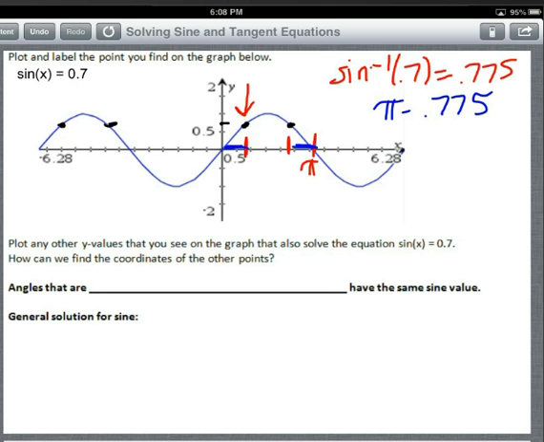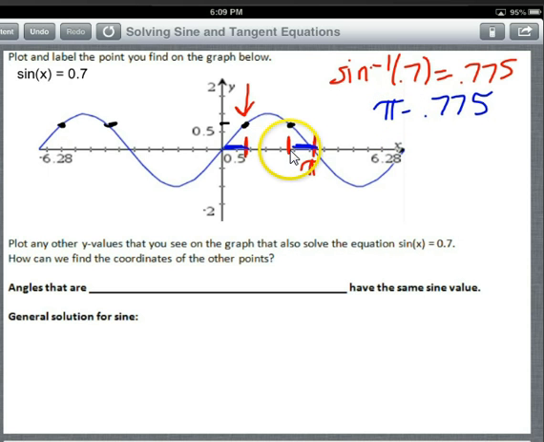How can we find the coordinates of the other points? Well, first of all, what would we call these angles in general? If we take pi minus an angle, these two angles basically add up to pi. What is pi in degrees? Pi is 90 in degrees. No, I'm sorry, pi is 180.